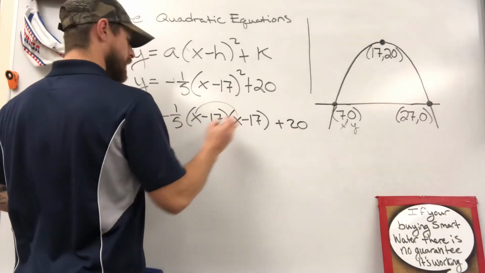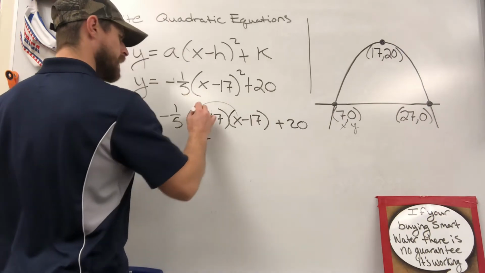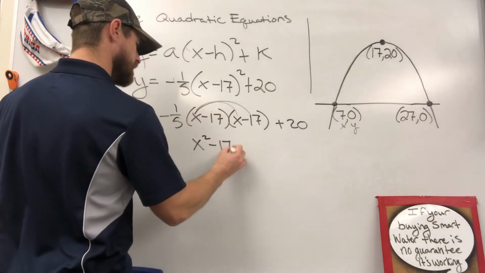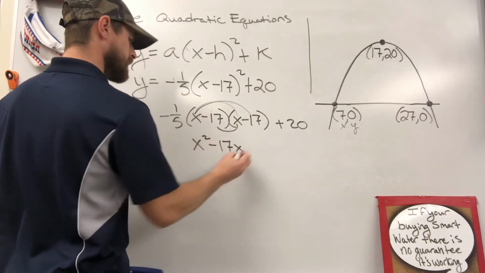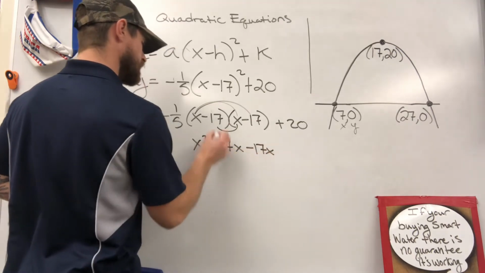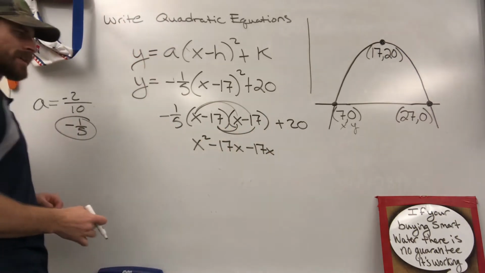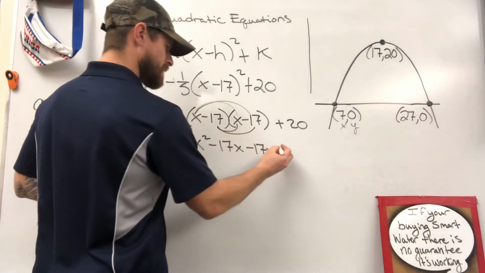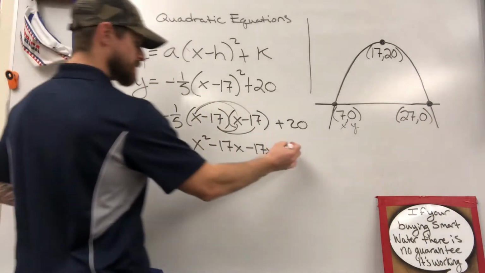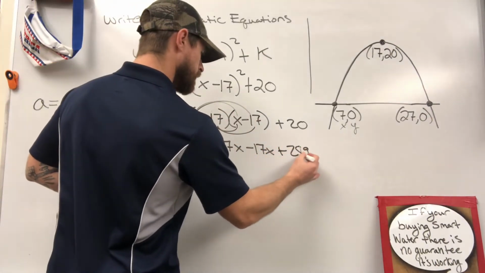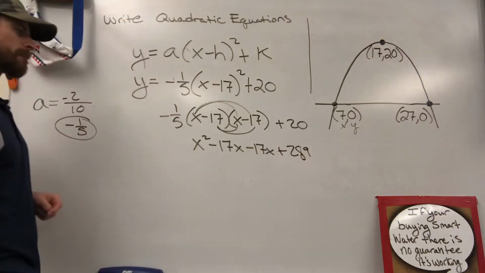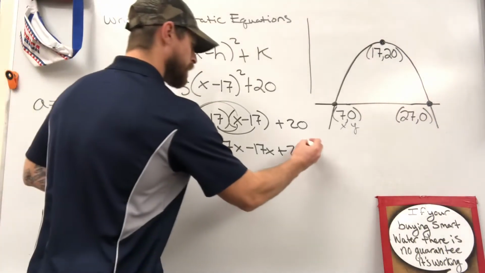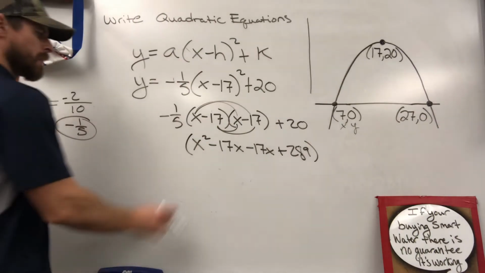So FOIL method: x times x is x squared, x times negative 17 is negative 17x, negative 17 times x is negative 17x, and negative 17 times negative 17. Negative times negative makes a positive, and 17 times 17 is 289. Okay, keep this in parentheses, remember.